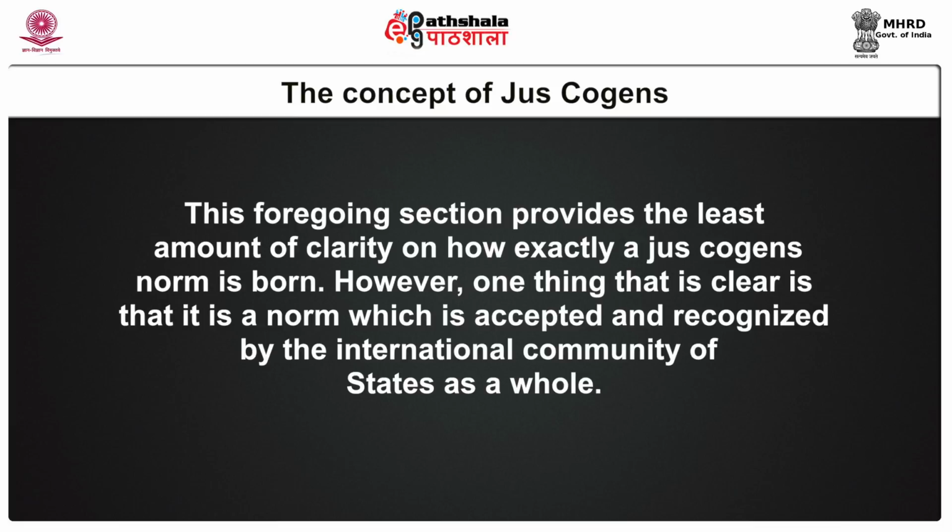This foregoing section provides the least amount of clarity on how exactly a jus cogens norm is born. However, one thing that is clear is that it is a norm which is accepted and recognized by the international community of states as a whole.